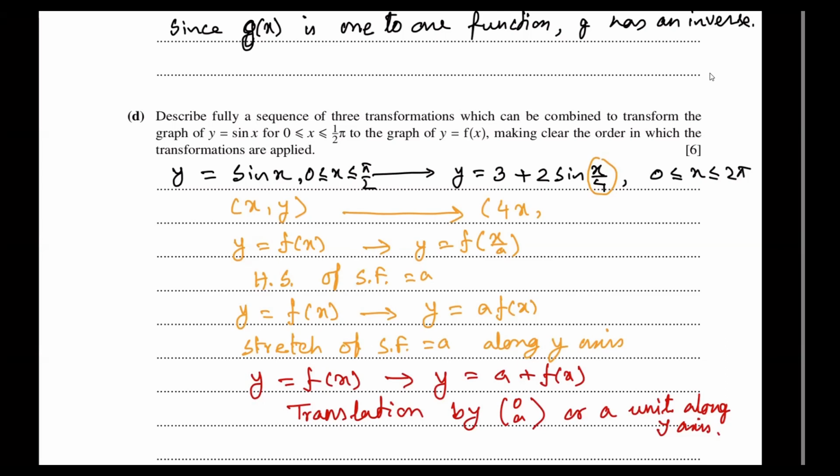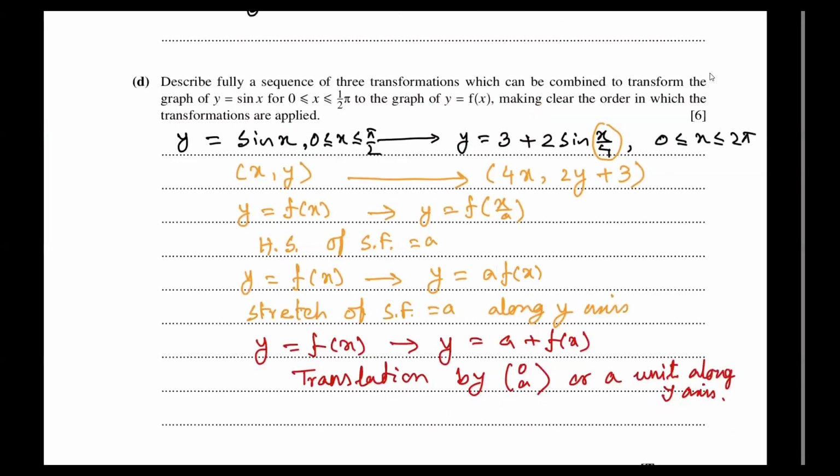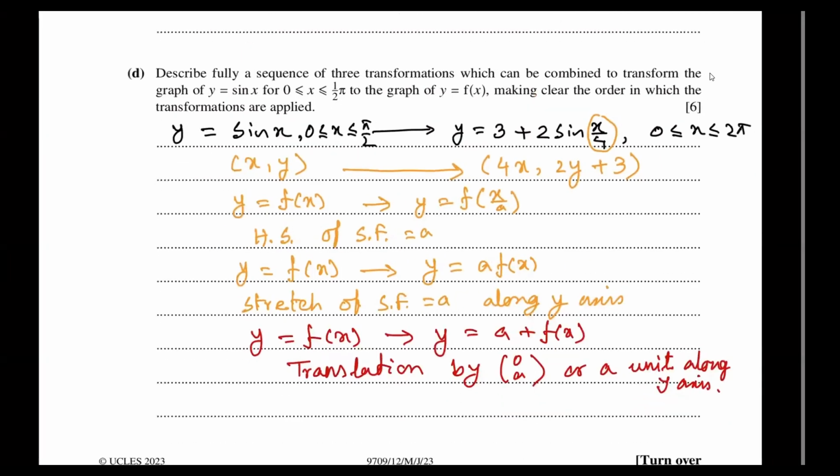So in the case of y, we do the multiplication first, multiply by 2, then we do the addition. Now it is clear. It doesn't matter whether we do the horizontal stretch first or the vertical first, but if there are two transformations along the same axis, then you have to be very careful about the sequence.